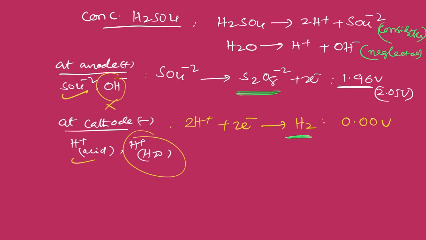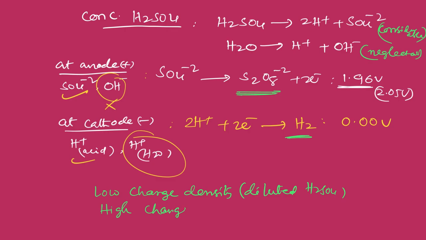But sometimes they may use another phrase: low charge density means dilute H2SO4, and high charge density is called concentrated H2SO4.